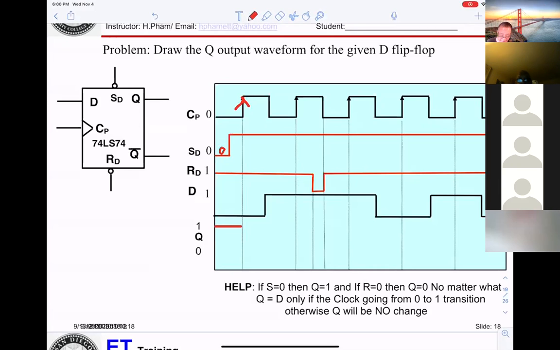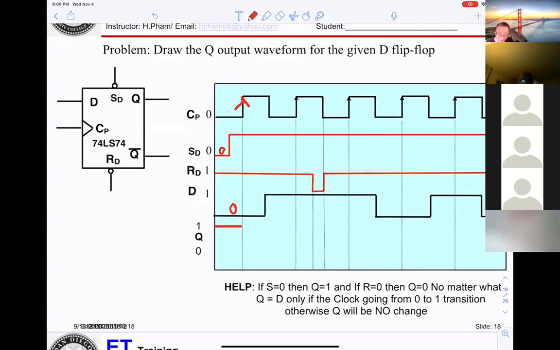Before you can know Q, you must know D. Q equals D, right. But before the transition of the clock, what does D equal? D is 0, but then you have to wait for the clock to switch.